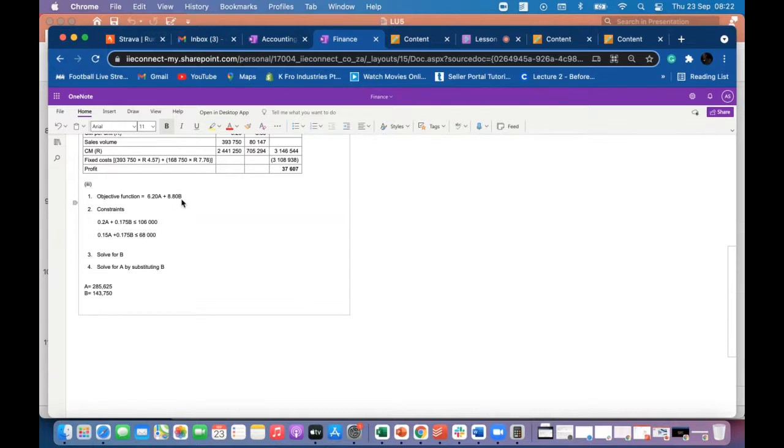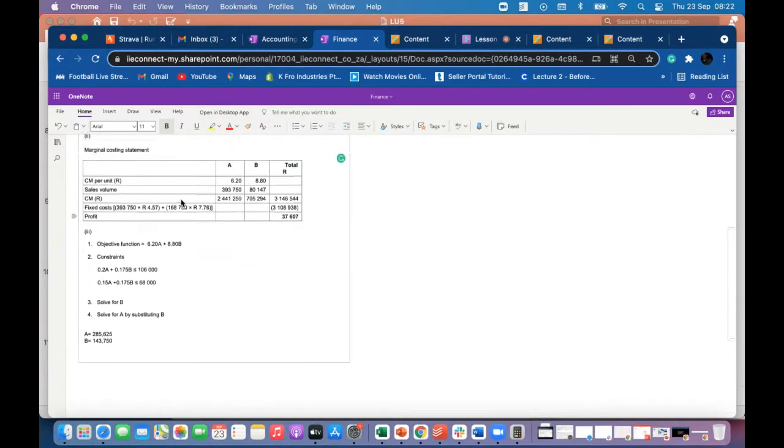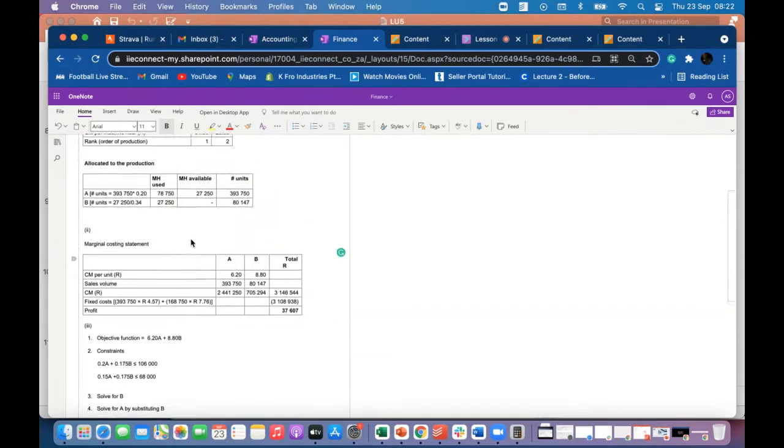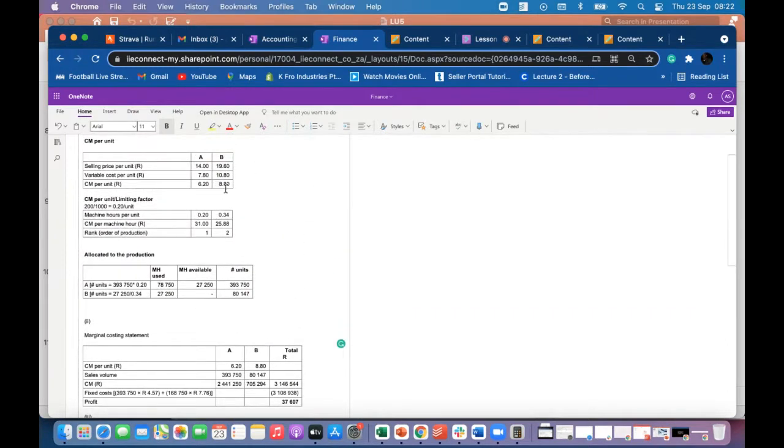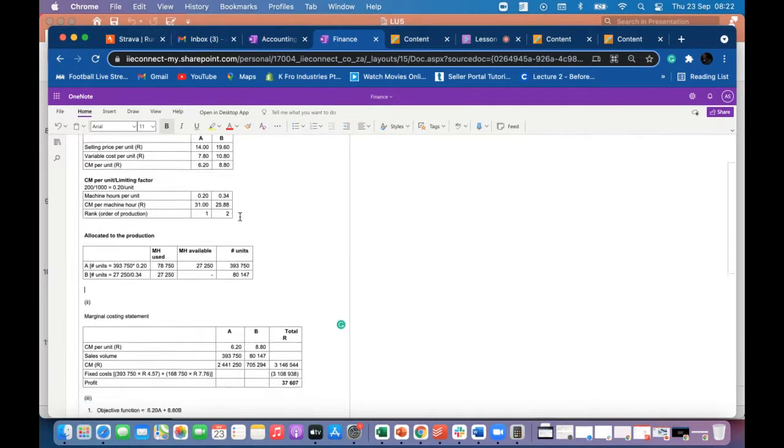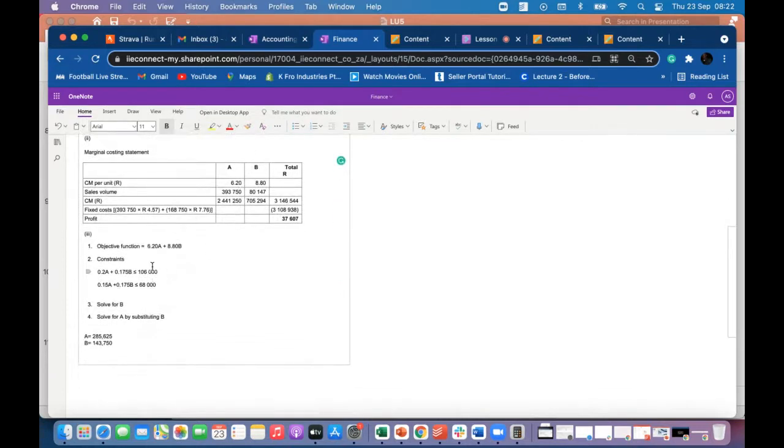What is the marginal income that we get from product B? And we calculated that up top here. Marginal income for B, 8 Rand 80. For A, 6 Rand 20. And there you have it, there is your objective function.